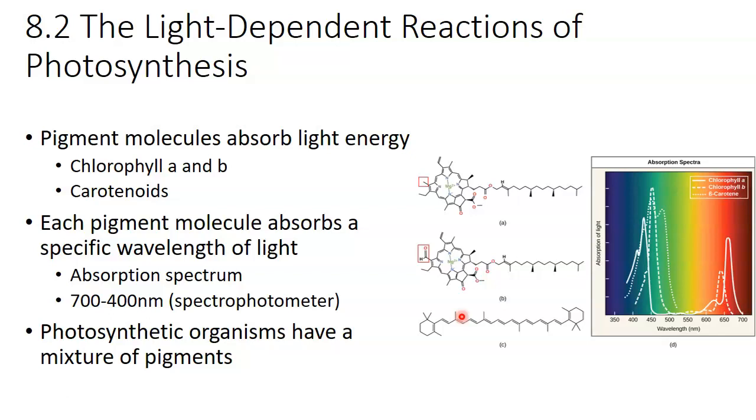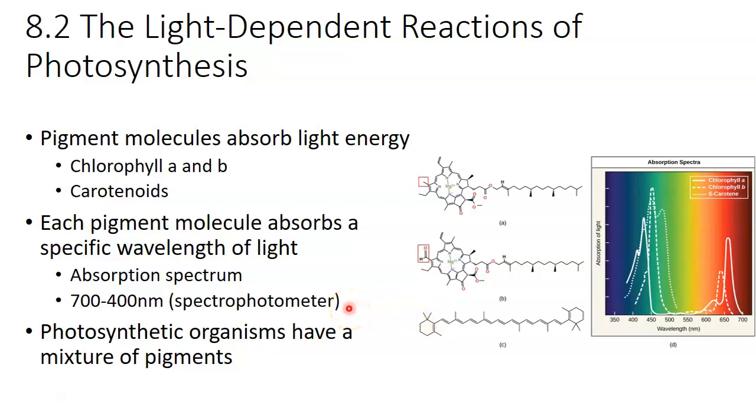And so again, all 3 of these photosynthetic pigment molecules are responsible for absorbing light. Each of them is going to absorb specific wavelengths of light within that absorption spectrum. We've measured this using an instrument called a spectrophotometer.